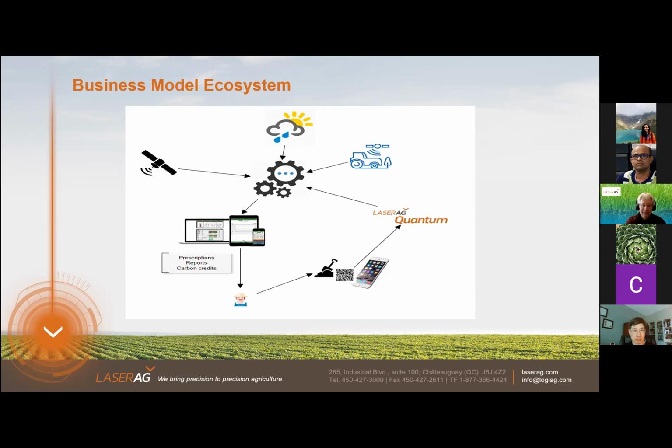But this is the model in which we find ourselves, and we believe that LaserAg Quantum and the LaserAg system has a special place as a source of soil data to feed platforms or software systems and help make better decisions.